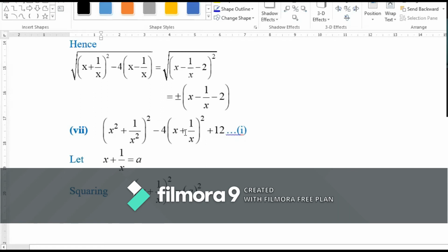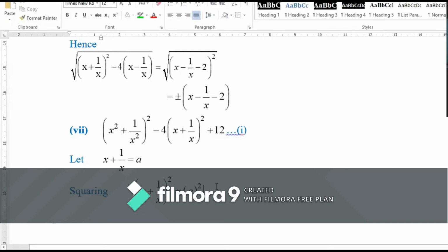So you always keep the second term as the substitution, like a or b or something like that. Once you substitute the second term, it is required to get the value of the first term in terms of those values. So x plus 1 over x whole square is written as its whole square.